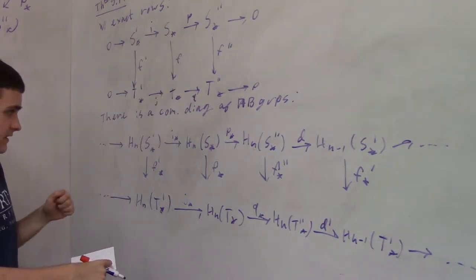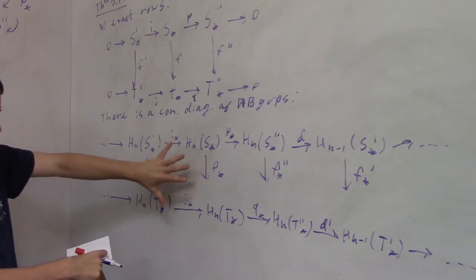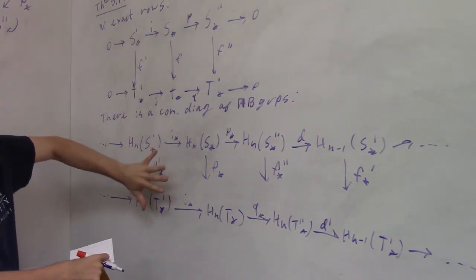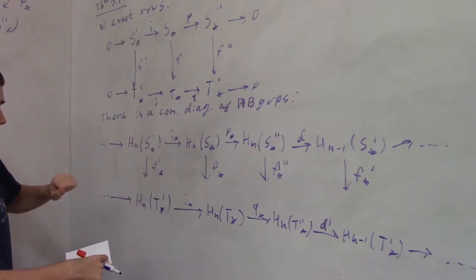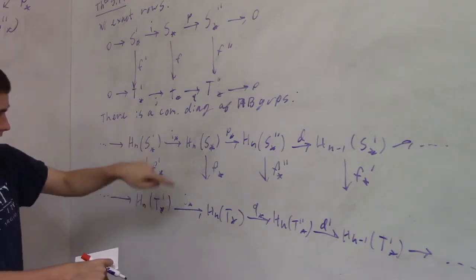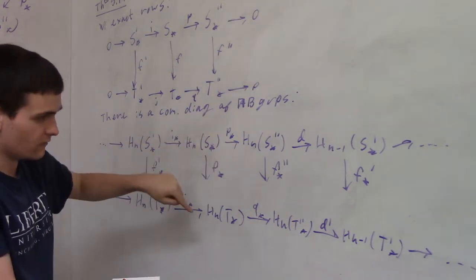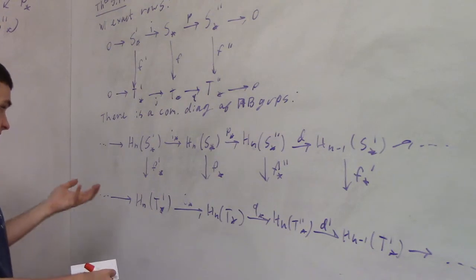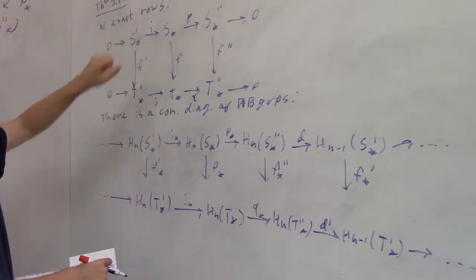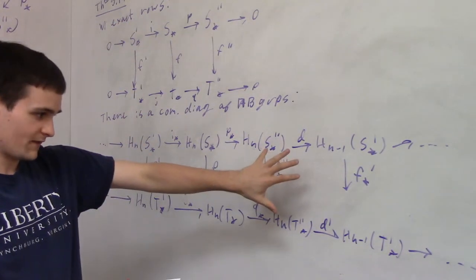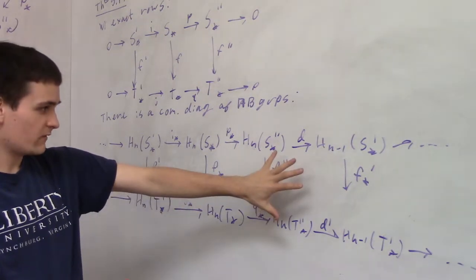Therefore, since this is a functor, this is just the image of this diagram under the functor. So these first 2 squares also commute, which makes sense, because it's essentially the same thing. Then we have the connecting homomorphism here. So this is what we really need to show.